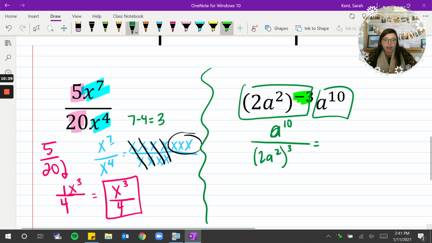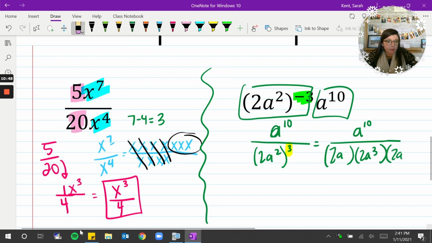So now I can take care of this positive 3. So I still have a to the power of 10 on top, but on bottom I have 3 groups of this 2a to the power of 2, 2a squared. So I need to simplify this part. I'm going to take all of my whole numbers and multiply them together.